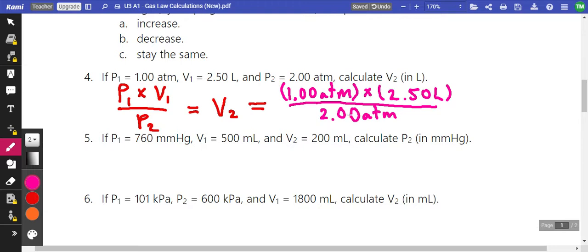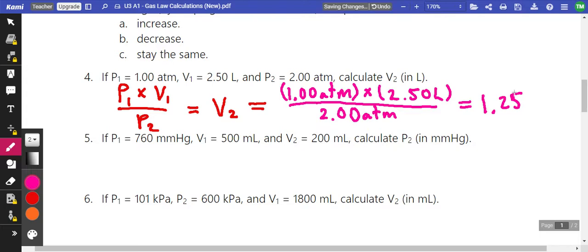If I then divide by 2, well, I might need a calculator for that. 2.50 divided by 2.00 is going to be 1.25.